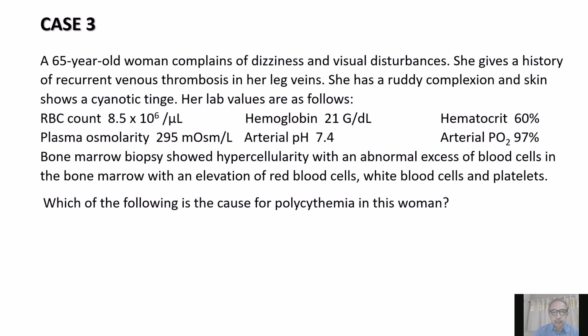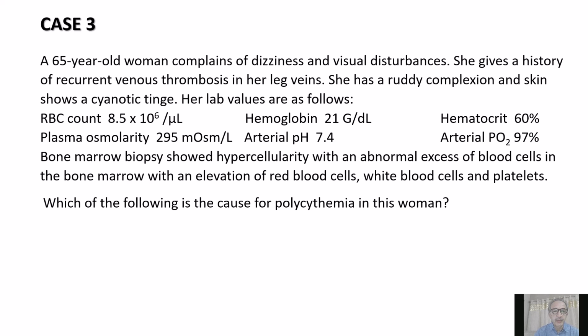Bone marrow biopsy shows hypercellularity with an abnormal excess of blood cells in the bone marrow with an elevation of red blood cells, white blood cells, platelets. Which of the following is a cause of polycythemia in this woman?